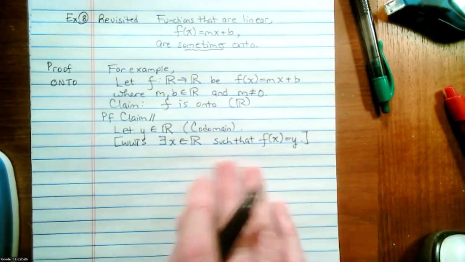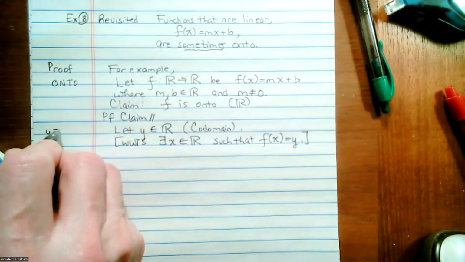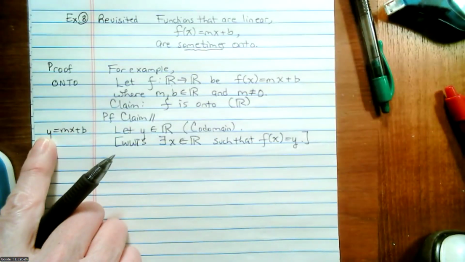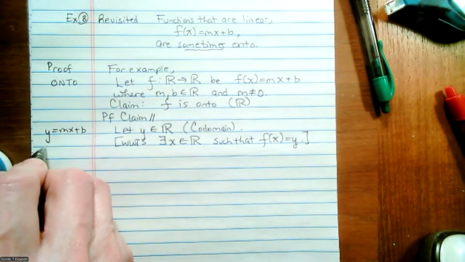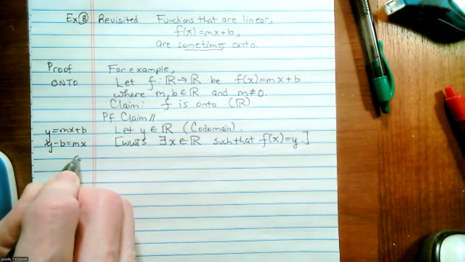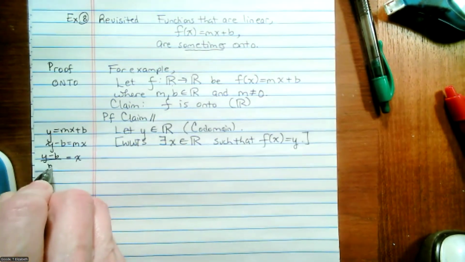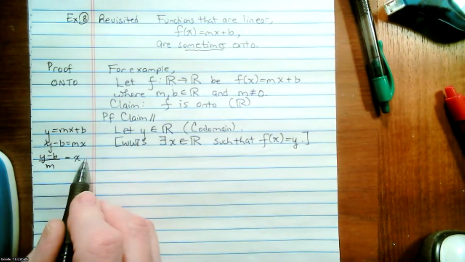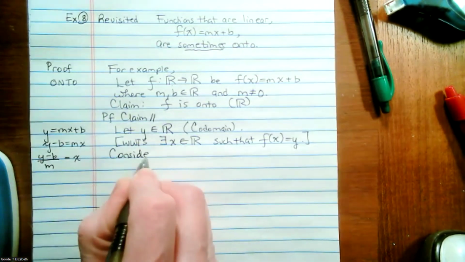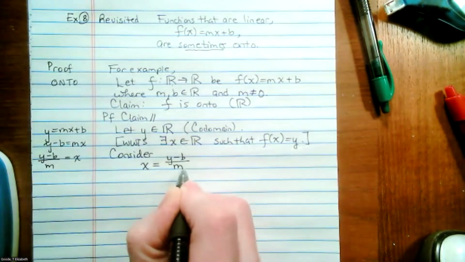Well, if we just do a little scratch work in our head and say, okay, y equals mx plus b, I want to find the x that's going to hit the y, you just solve for the x, and as long as m is not 0, x will be defined. So consider x equals y minus b over m.